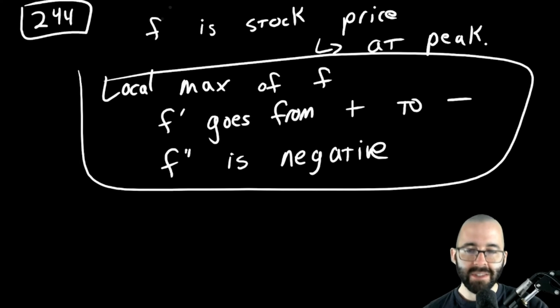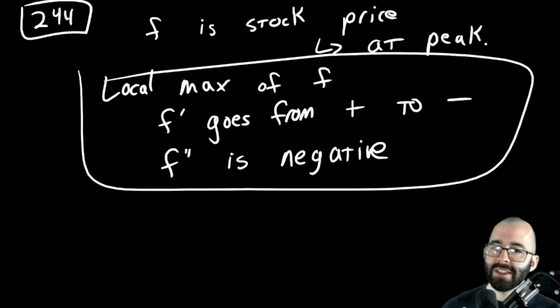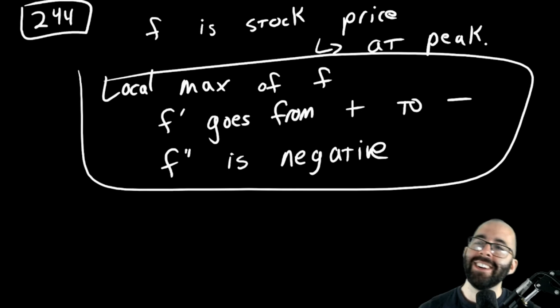It's ironic that we're assuming that this is a nice function in order to answer the question, because stock prices really are a great example of not nice functions. And in fact, a lot of times stock prices are related to something called Brownian motion, which is a field called stochastic calculus.